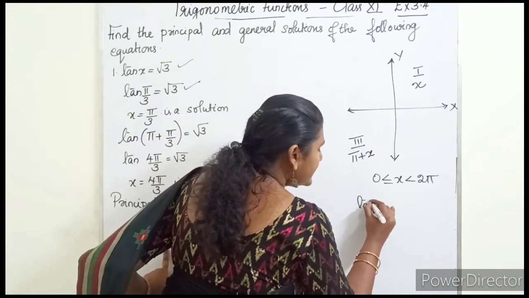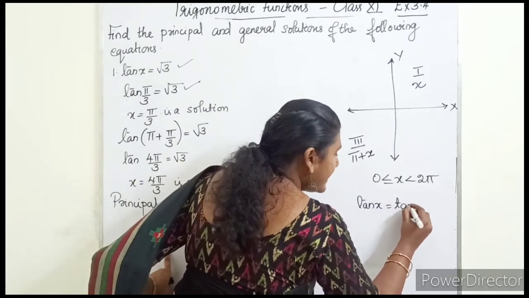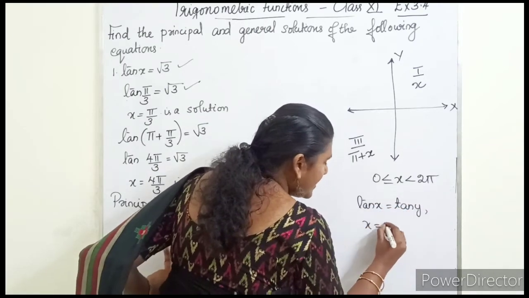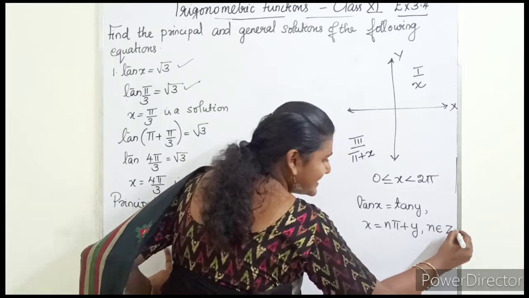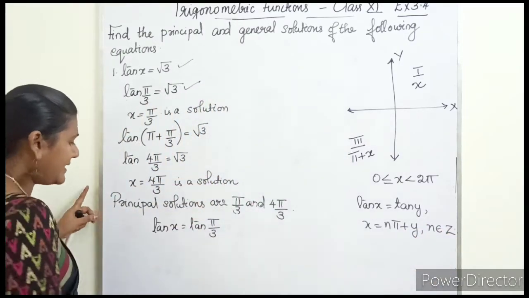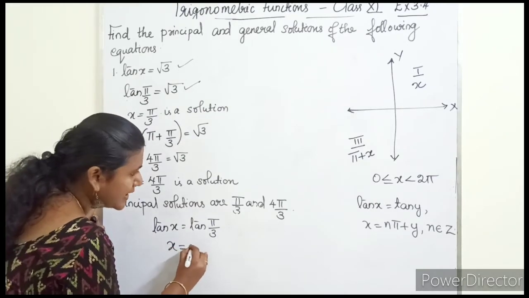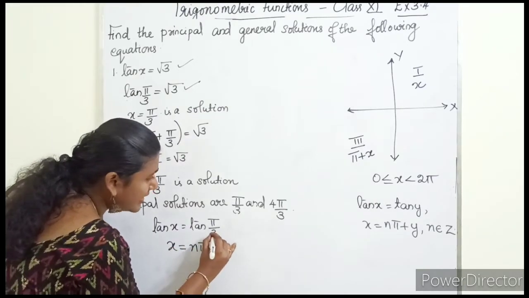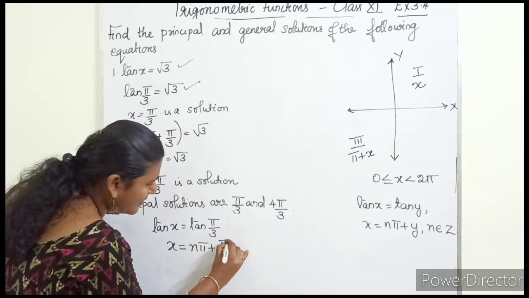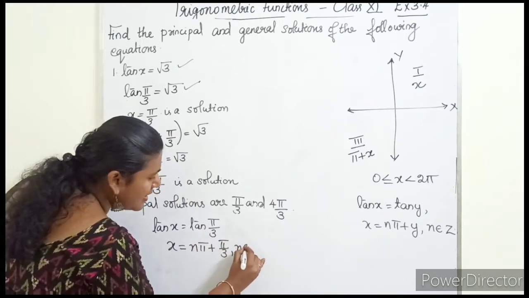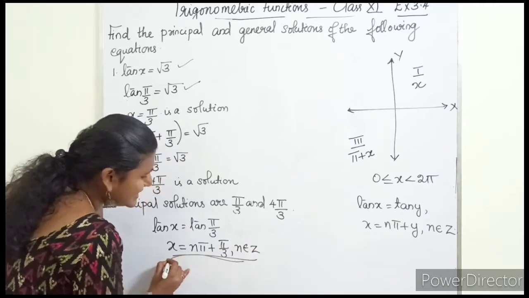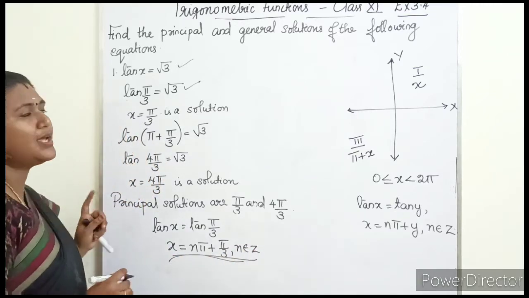If tan x is equal to tan y, then x is equal to n pi plus y, where n belongs to Z. Using that theorem we can write x is equal to n pi plus pi by 3, where n belongs to Z. This is the general solution of the equation.